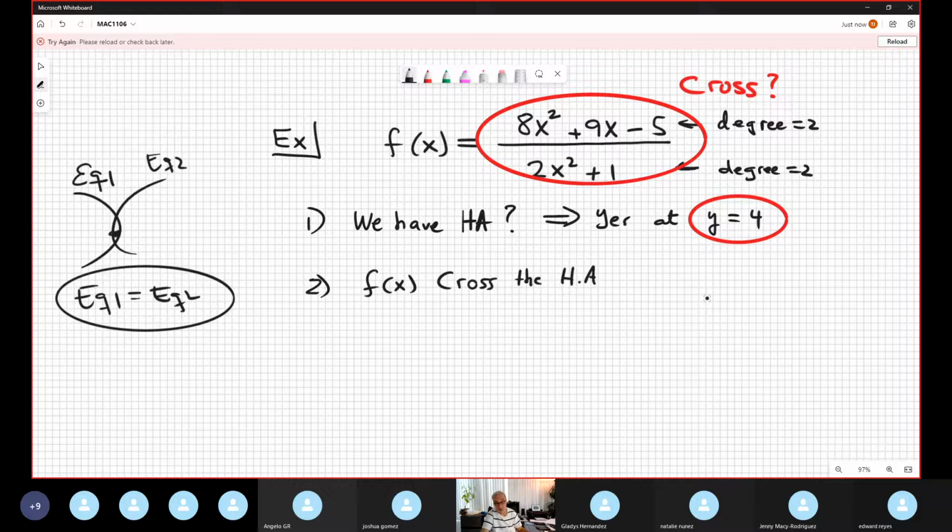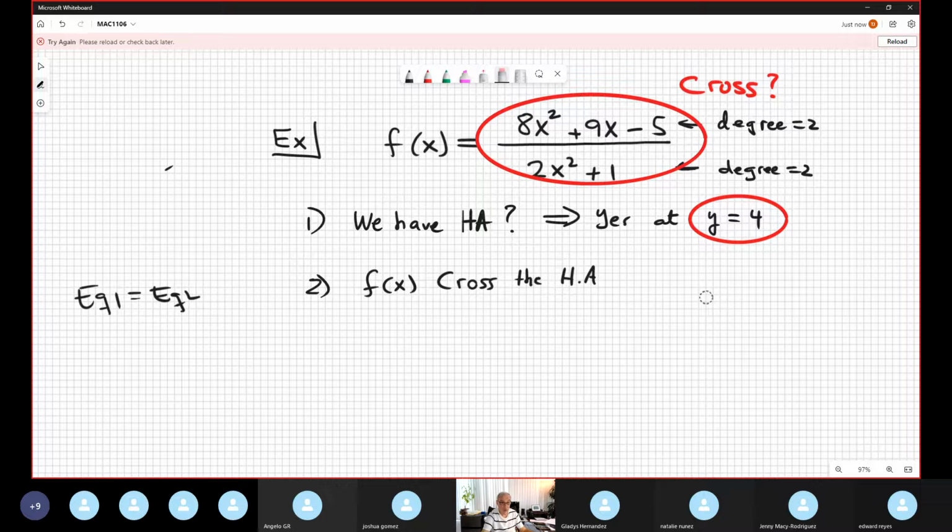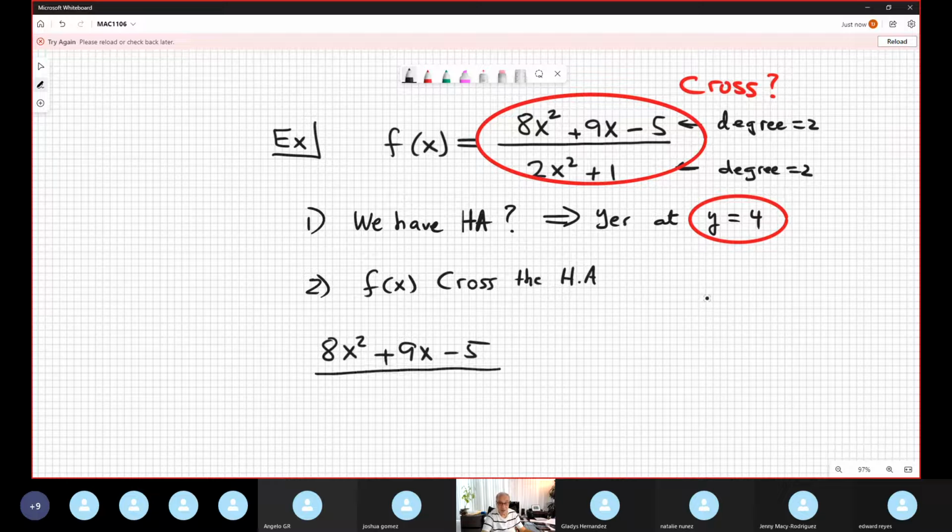If the answer is no solution because it's complex maybe, or you see a contradiction in the equation, then no. But at least I try. How do you try? You take the original equation of the function, 8x squared plus 9x minus 5 divided by 2x squared plus 1, and you enforce it to be 4. This is equal to this.